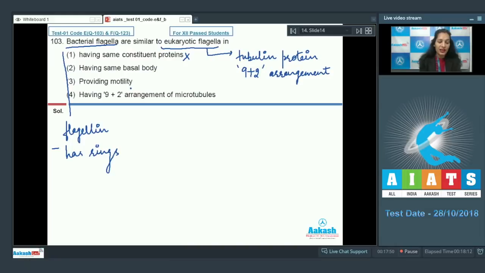They are similar in their function, so this is the correct one. Fourth, having a 9+2 arrangement of microtubules, no. Bacterial flagella don't have a 9+2 arrangement of microtubules. So the correct option for the given question is option number 3. Let's move on to the next question.